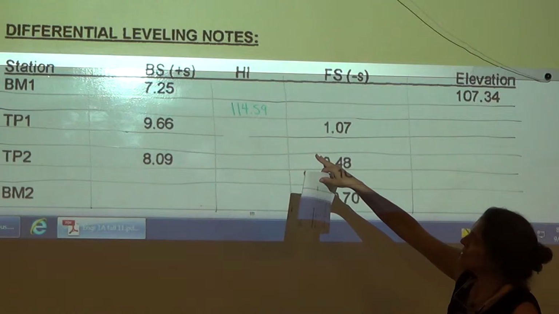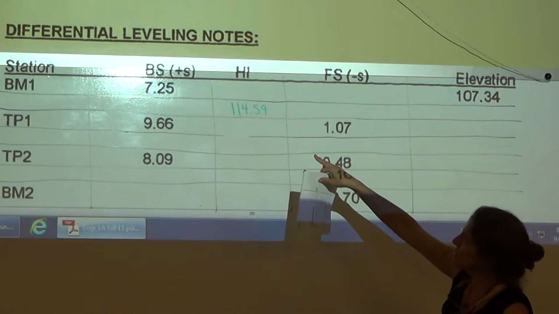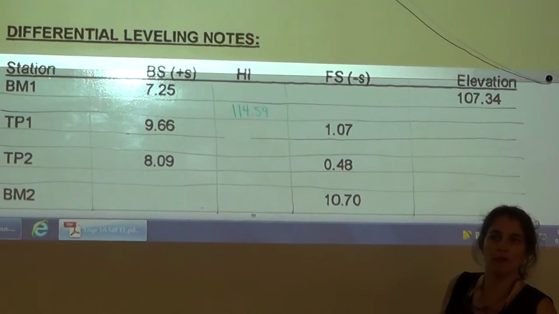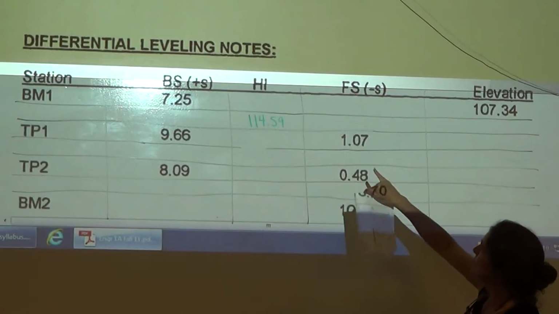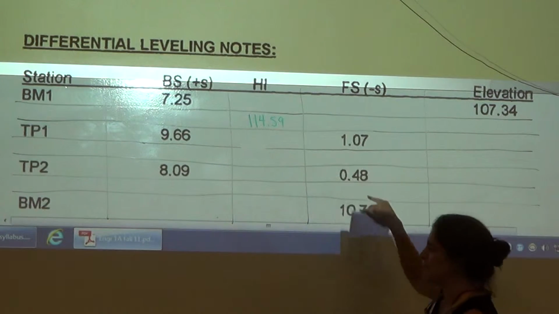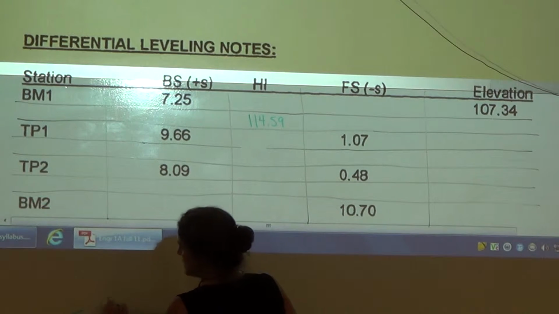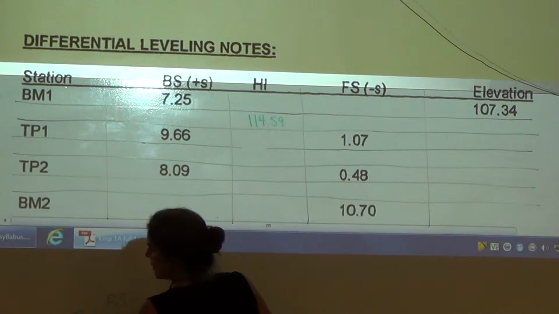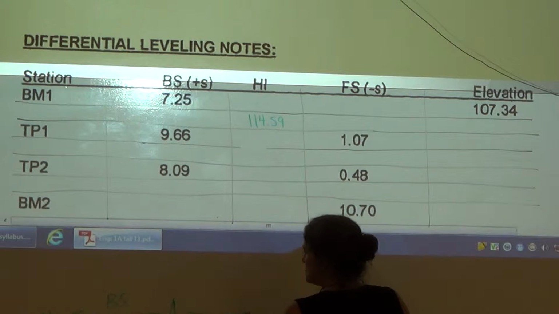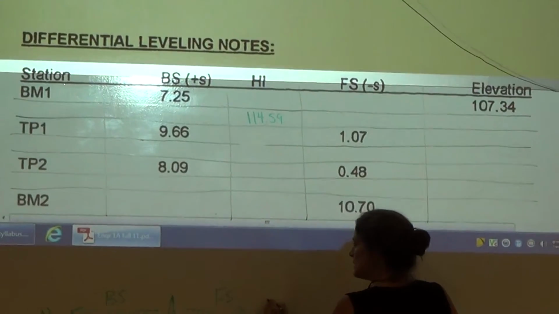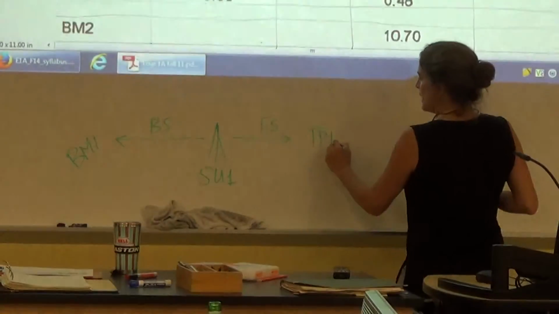While our equipment is set up on that point, what am I also measuring? The foresight at TP1, right? Because here's our setup one. We took a back sight on benchmark 1, and then we took a foresight on turning point 1.